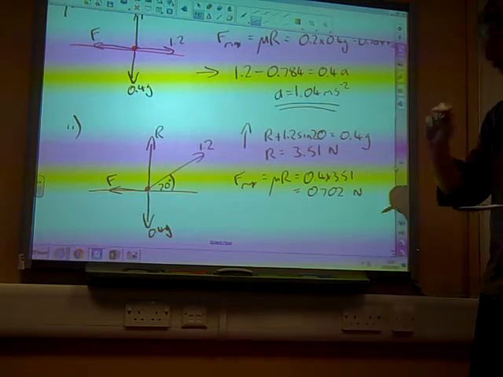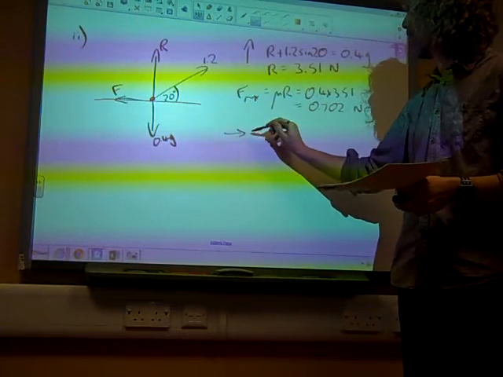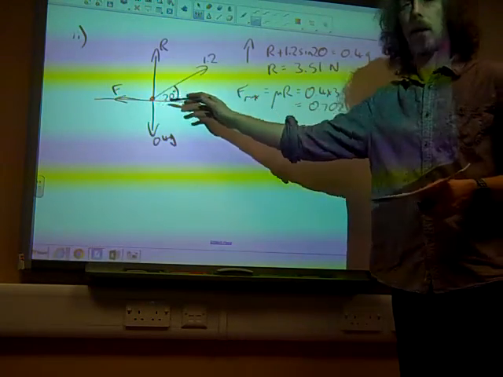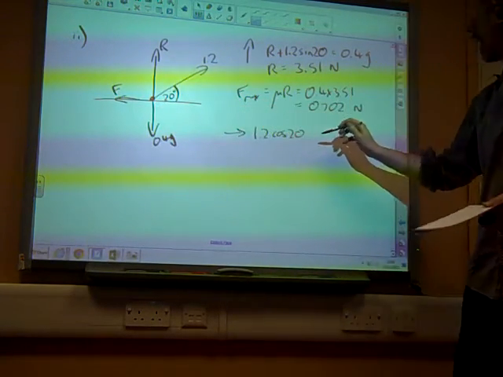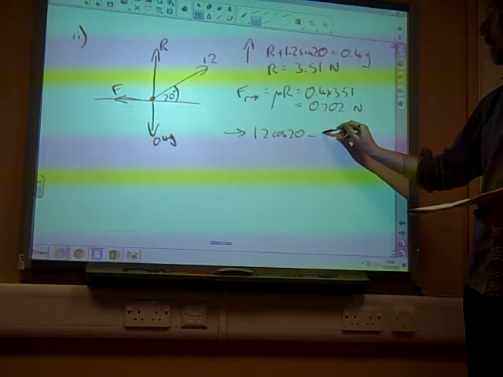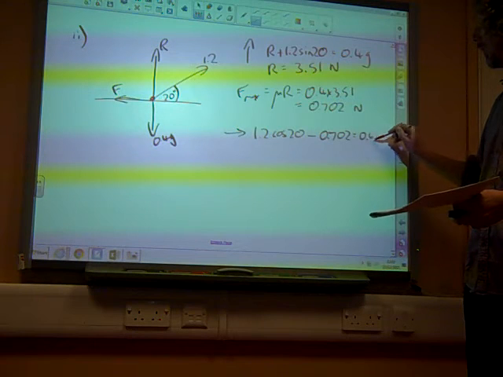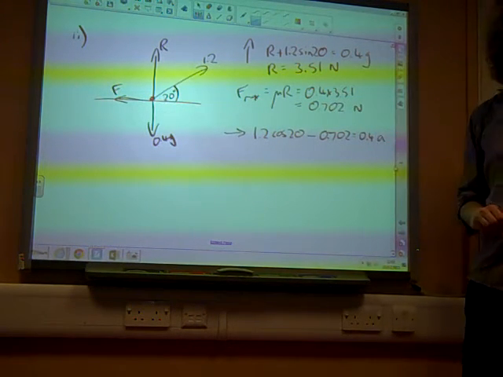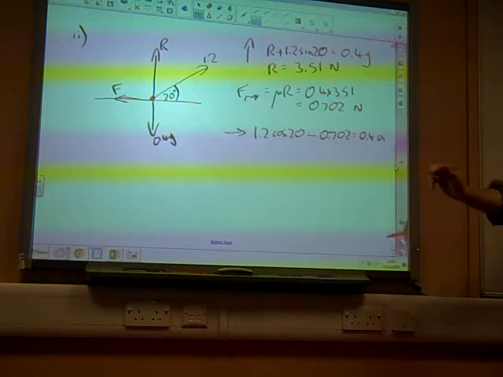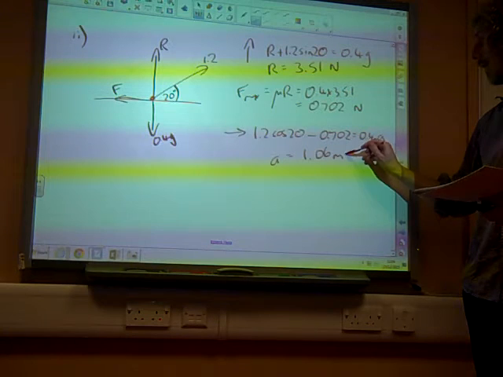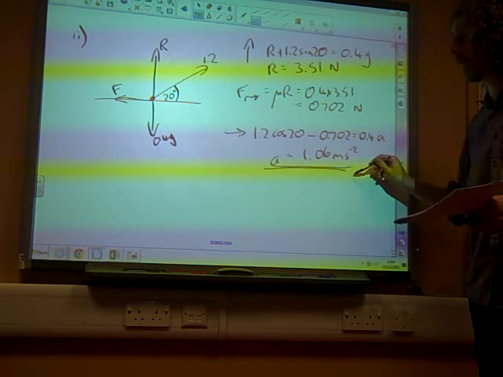So if I resolve horizontally, I've got 1.2 cos 20, that's the horizontal component of that one, take away F max, is 0.4 times acceleration, mass times acceleration. And this one gives us a as being 1.06 metres per second squared. Okay.